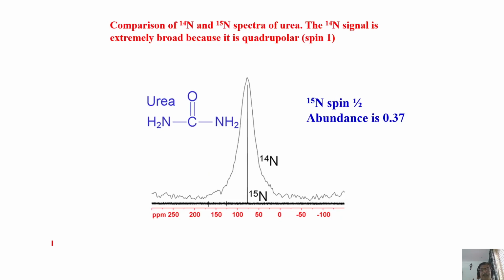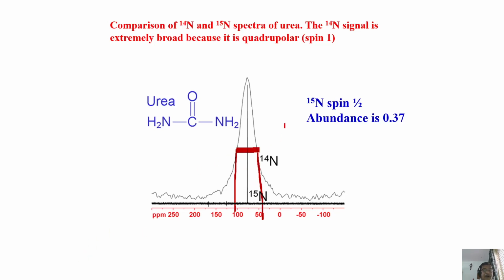Now you can compare the N14 and N15 spectra that you can record of this urea, CO(NH2)2. Now the N14 spectrum, if you record, is very broad. Look at the width. Let us say you take the half height. Peak width is approximately 50 ppm. It is a large line width.